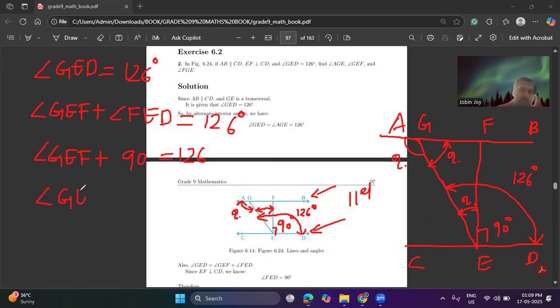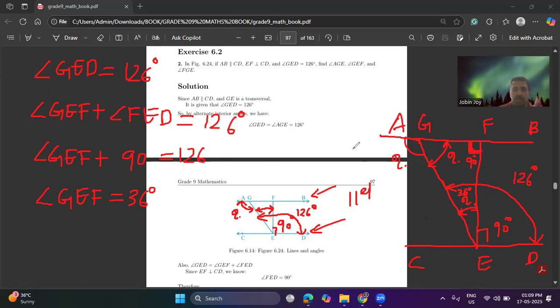So angle GEF is equal to 126 minus 90, so that is equal to 36 degrees. So this angle is 36 degrees. And this is a right angle, 90 degrees.